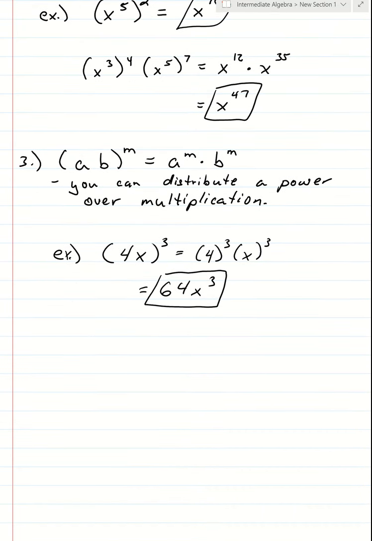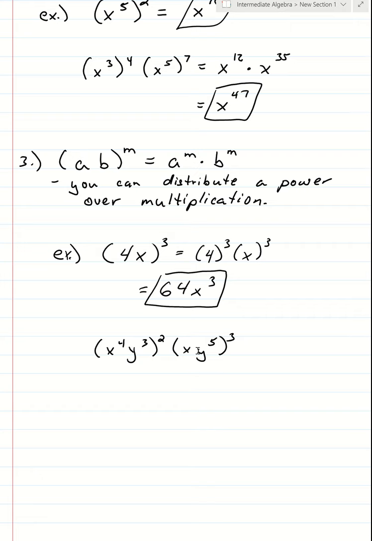Let's try another example. Let's say we had x to the fourth, y to the third squared being multiplied with x, y to the fifth cubed. We want to simplify this as much as possible. Well, I'm going to follow pretty much the order of operations. I look inside my first parenthesis, and there's nothing that can be done.